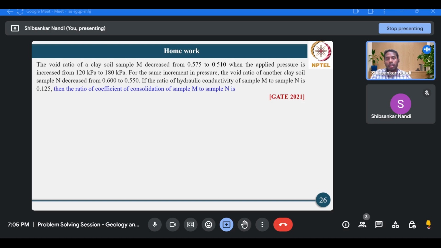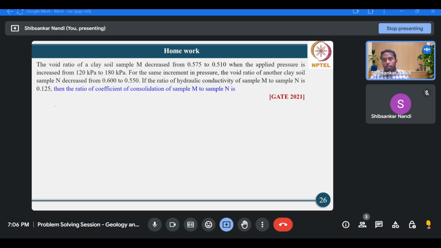For the same increment in pressure, the void ratio of another clay soil sample N decreased from 0.6 to 0.550. Now, if the ratio of hydraulic conductivity of sample M to sample N is 0.125, the ratio of coefficient of consolidation of sample M to sample N is.